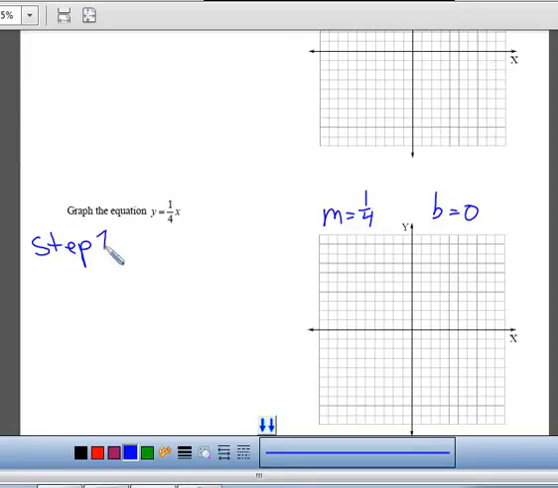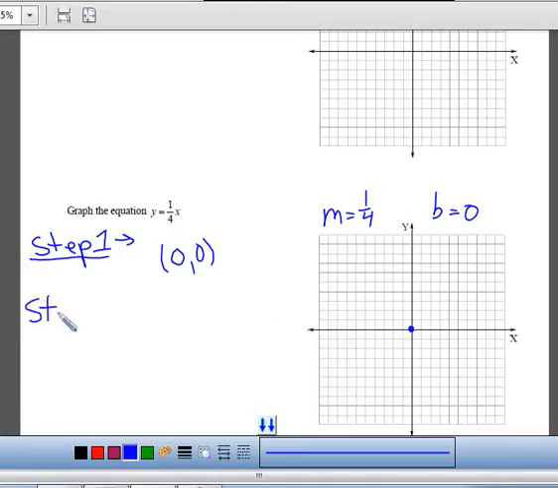I'm not going to go through and plug 0 in for x. I'm going to just say, you know what, I've done this enough times, I know that because b is 0, my y-intercept is 0, 0, and put a point there. Also, I know it's a positive slope, so I know my line's going to be going up and down this way, so from left to right.